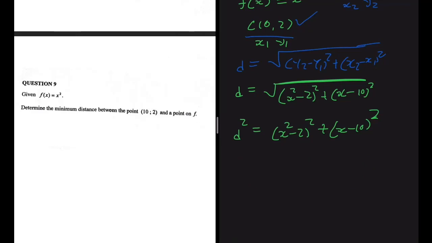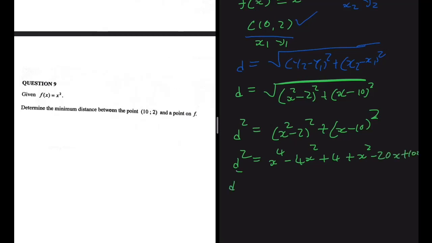If I go ahead and simplify this, I'm going to get d squared is equals to x squared by x squared. That will be x to the power 4, right? And then minus 2 multiplied by x squared, that will be minus 2x squared. You multiply that by 2, you get minus 4x squared, and then minus 2 multiplied by minus 2 is plus 4, then x by x, that will be x squared, and then minus 10 by x minus 10, multiply that by 2, you get minus 20x, and then 10 by 10, that's 100, right?